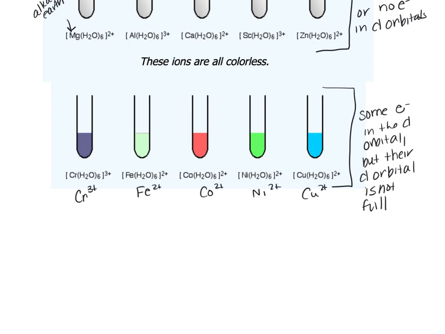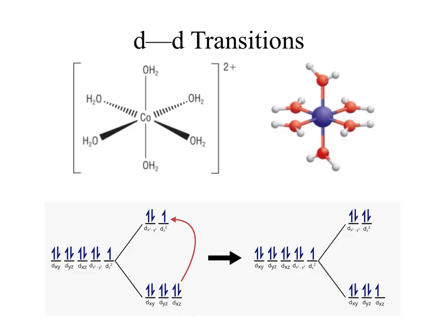So what's going on? Why does this d orbital matter? Well, the reason is if you have an empty d orbital, the atom can undergo something called d to d transitions, right? And so I want us to look at cobalt. So when cobalt is complexed with water, which I'm showing here, it forms this structure, and this is an octahedral complex, okay?